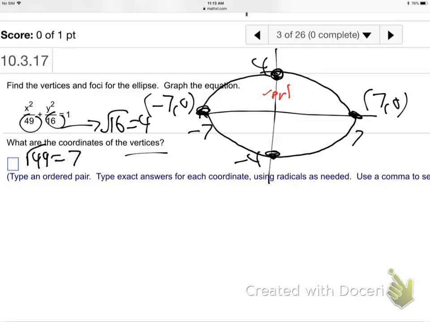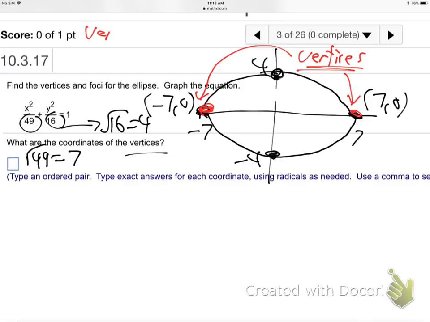So the vertices are this one and this one. Now, it's not always the x. Sometimes it's the up-down. How do you know which it is? Whatever's bigger. If the ellipse is wider than it is tall, then the vertices are the right and left edges. If the ellipse is taller than it is wide, then it's the top and the bottom.